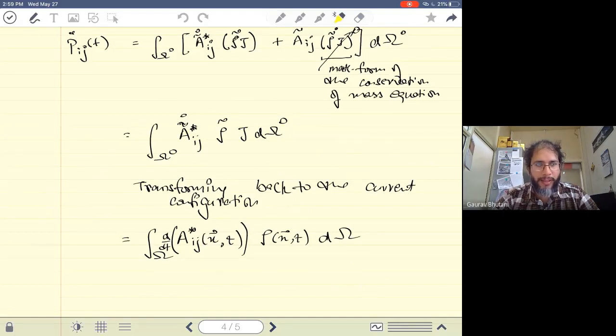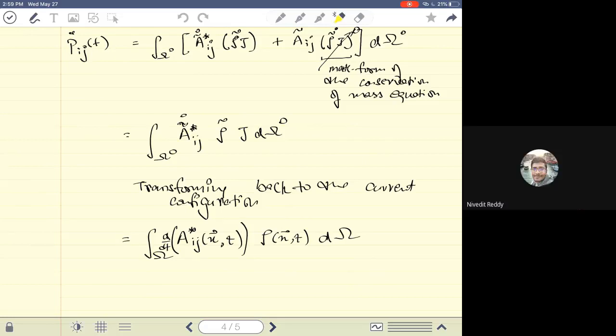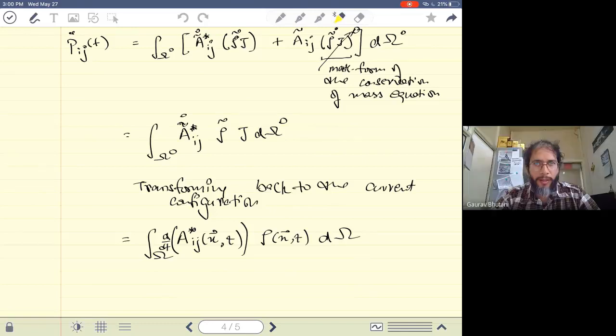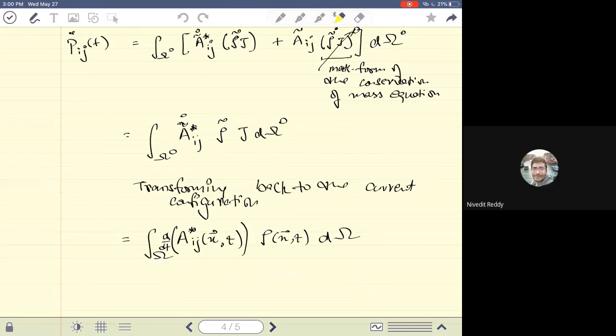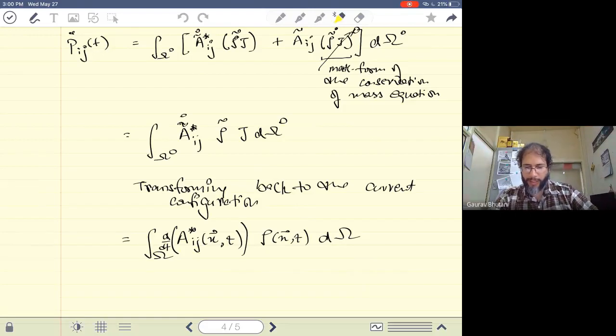So rho tilde and j are acting together as one single term. Okay, so it's on the whole rho tilde and j, not only on rho dot. That's the reason I tried to put the dot in the middle. Sorry, this is confusing, but it is the time derivative of rho tilde times j, and that is equal to 0 from the material form of the conservation of mass equation.